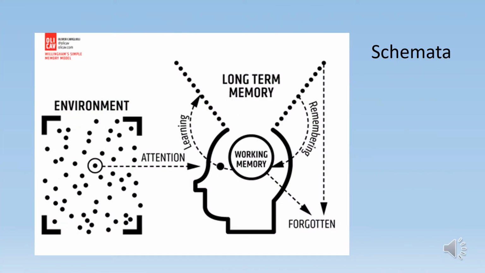This brings us nicely onto schemata. Ollie C. represents schemata here in his diagram. A schema could be defined as a set of linked mental representations of the world, which we use both to understand and to respond to situations. The assumption is that we store these mental representations and apply them when needed.